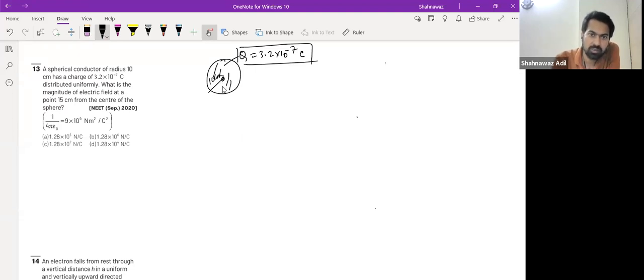So is 15 centimeter inside this sphere, outside, or on the surface? Where is that?